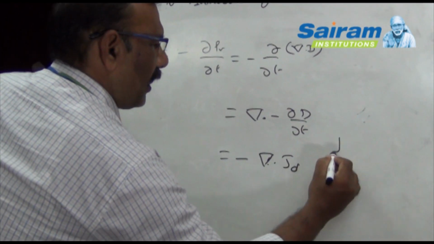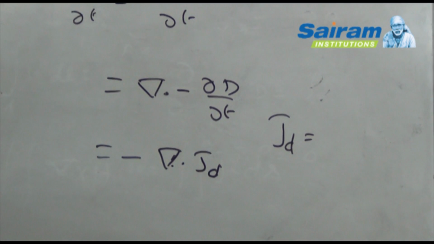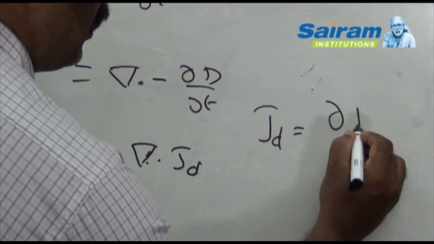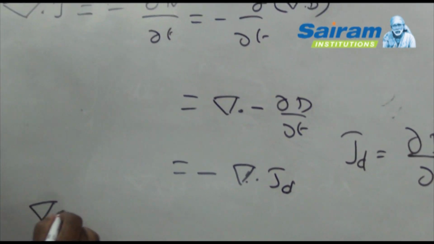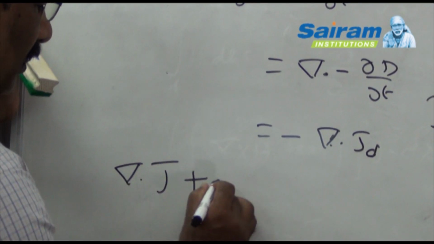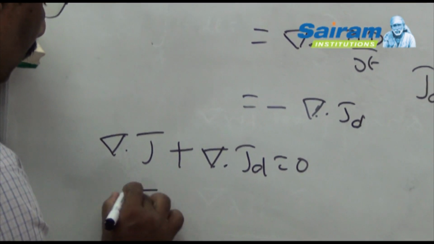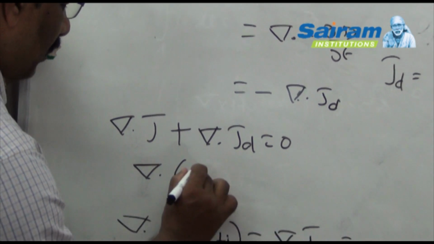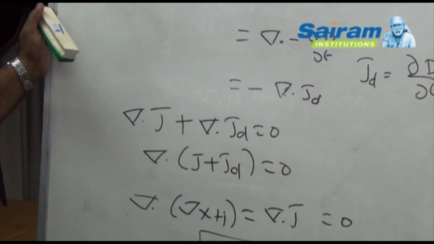So JD is called the displacement current density, JD equal to dou D by dou T. So on the left hand side, divergence of J plus divergence of JD equal to 0. That means divergence of J plus JD equal to 0.